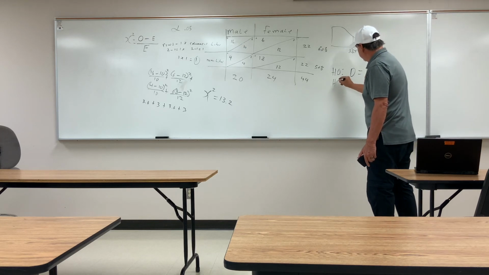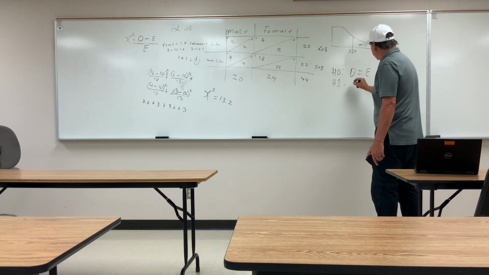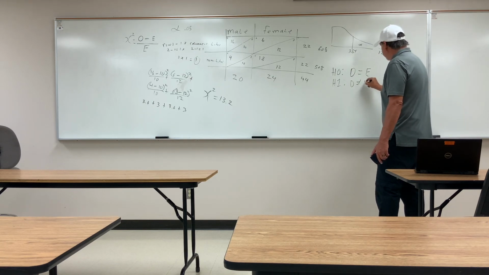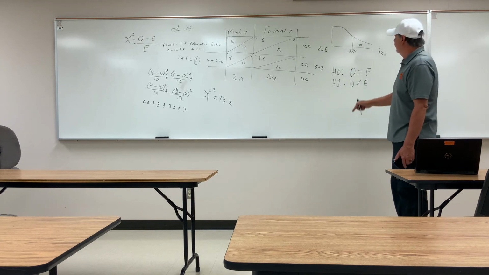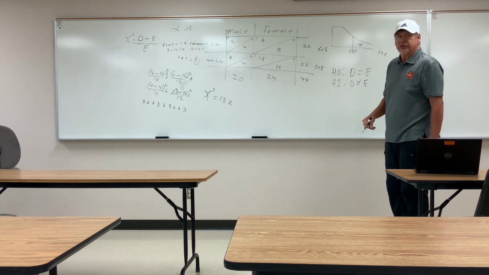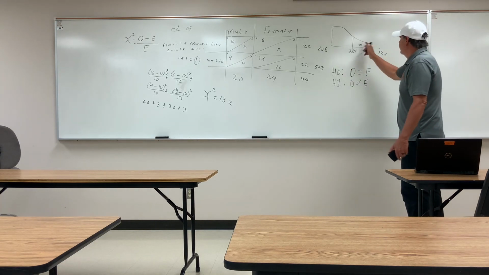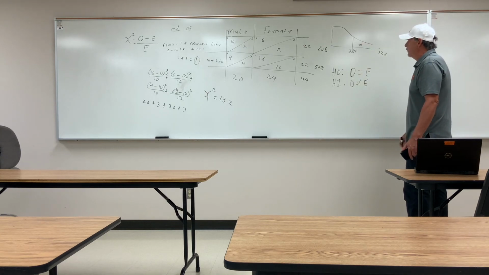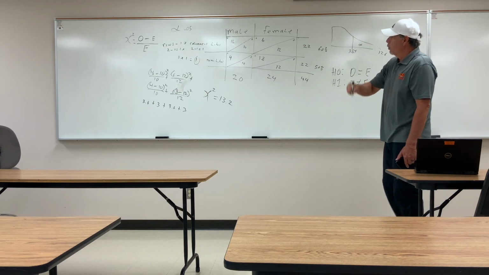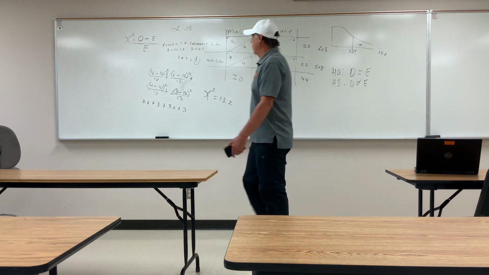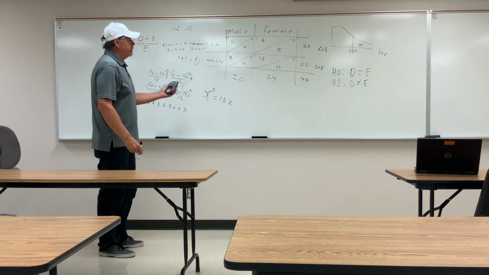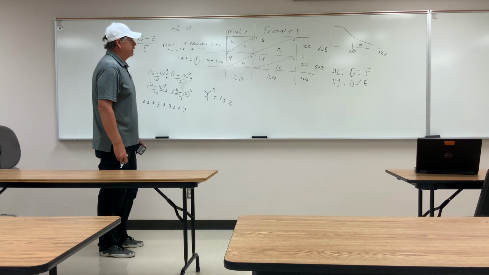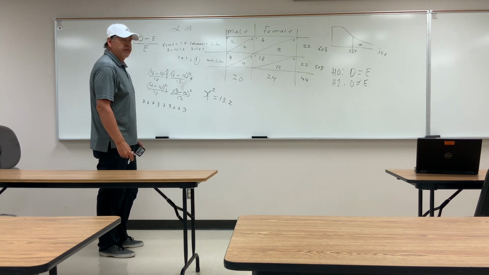And my alternative hypothesis is going to say that my observed values are not equal to the expected values, based on an alpha level of 0.05, which is basically going to be in this 5% region of rejection with 1 degree of freedom. So that's how we can go about doing this particular chi-square goodness of fit test.